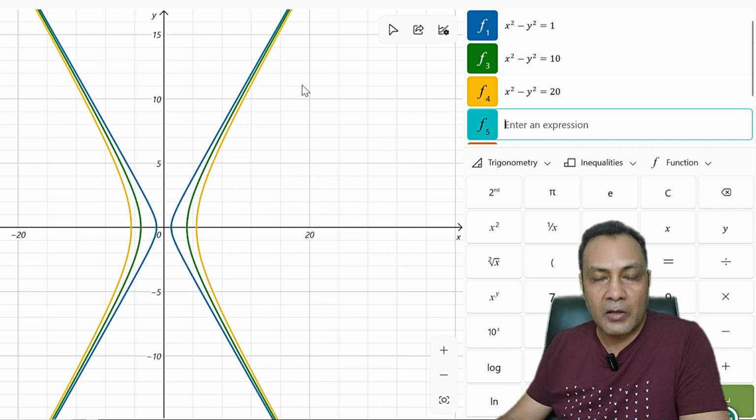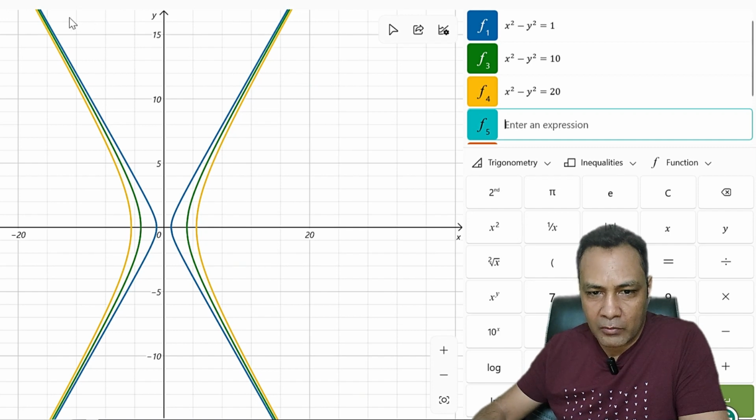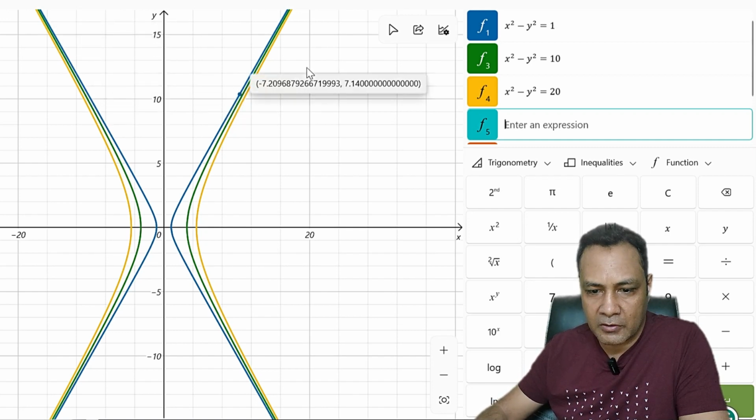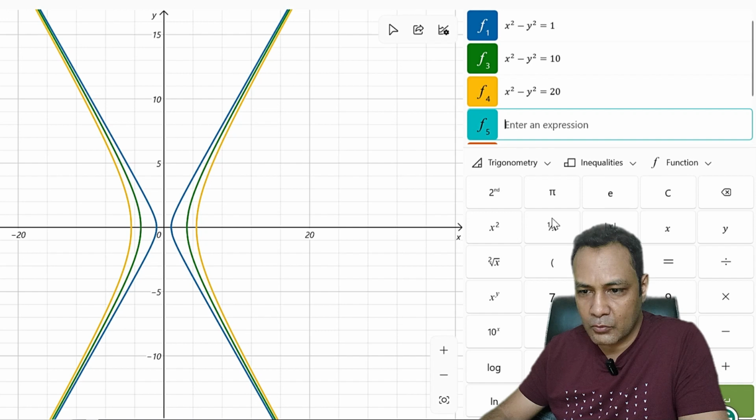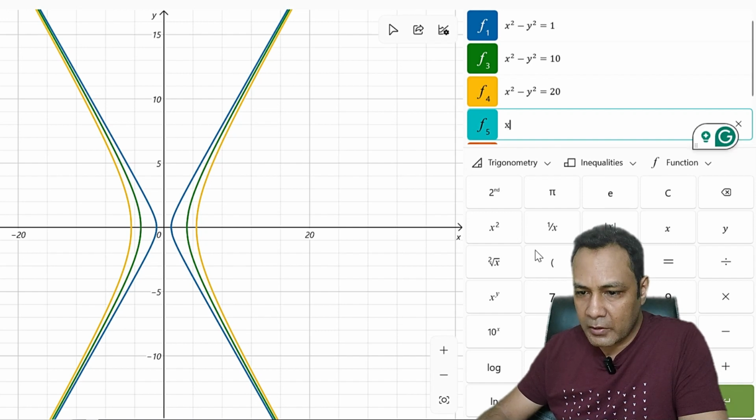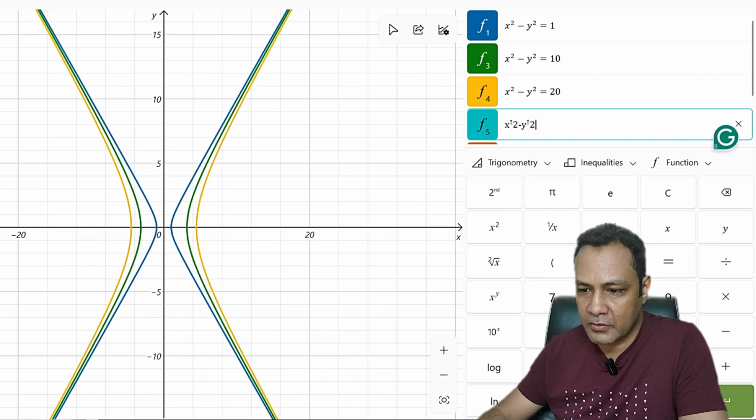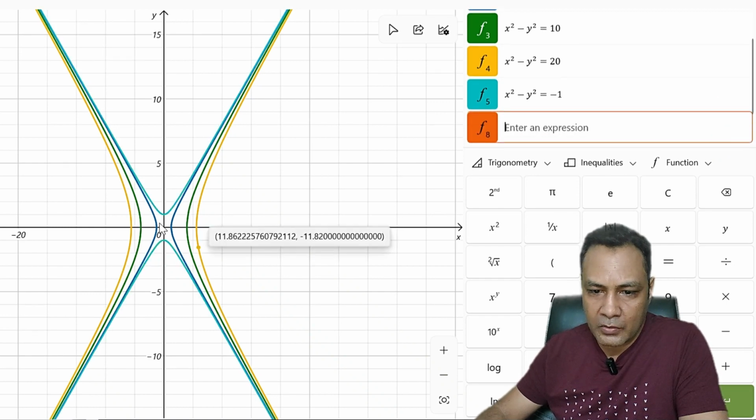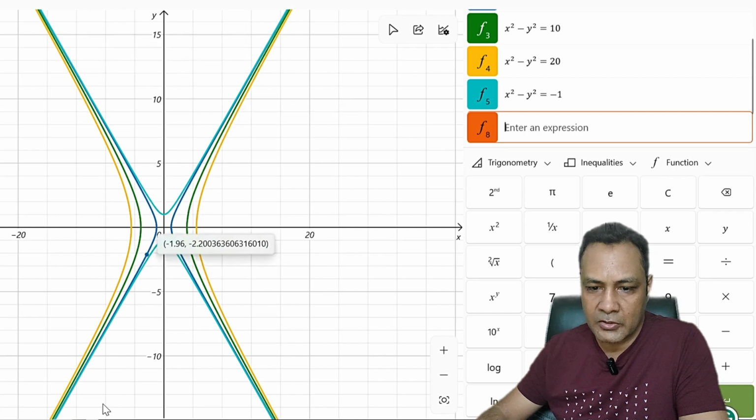In the same way, if I take a negative potential, the hyperbola will be on this region like this, like that. So I can choose x square minus y square is equal to say minus 1. So this is this hyperbola and another branch of this hyperbola.